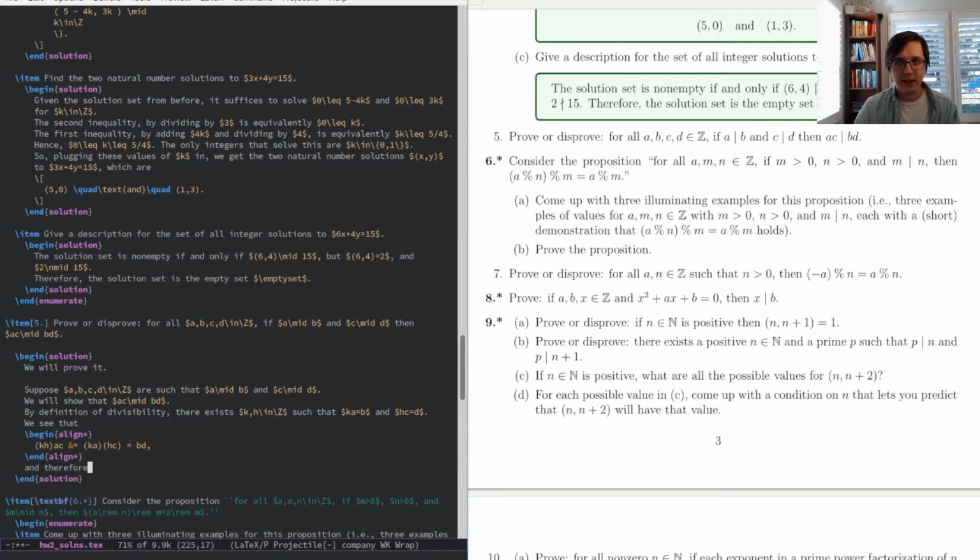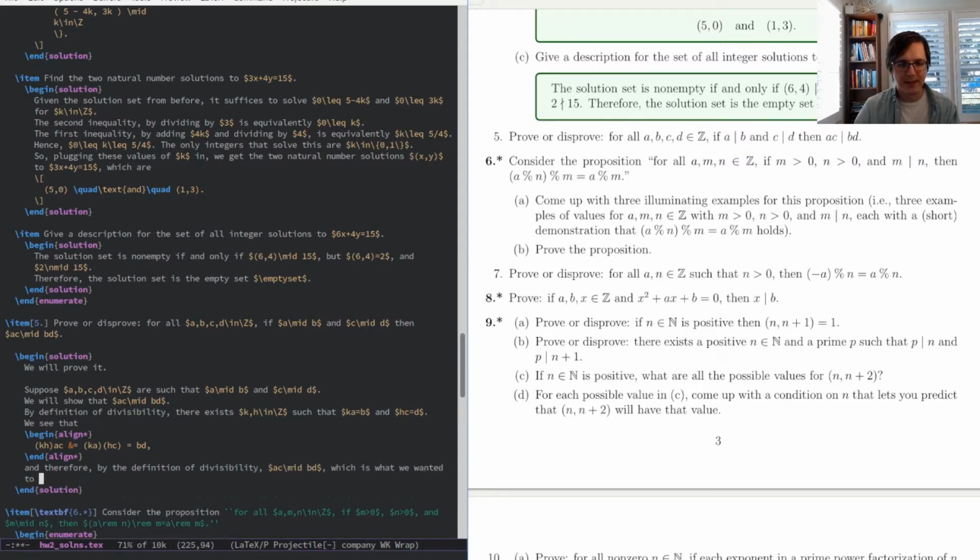And therefore, by the definition of divisibility, ac divides bd, which is what we wanted to show.